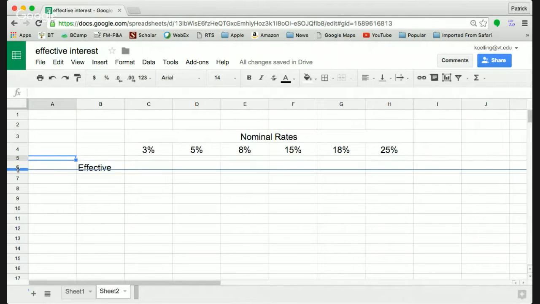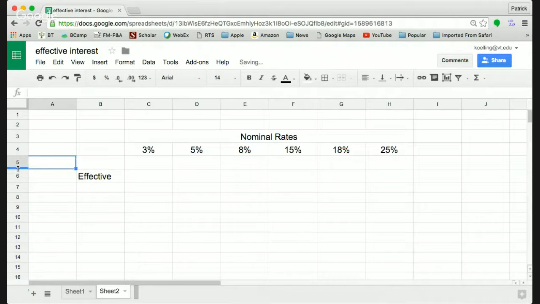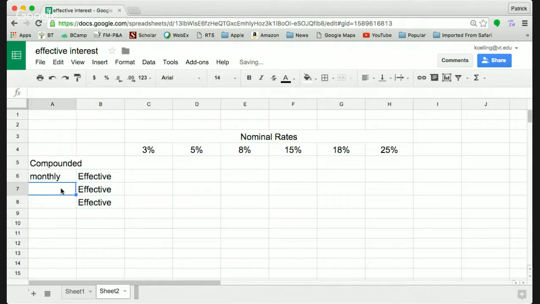Compounded, how often will it be compounded? Well, let's compound monthly, and then let's compound quarterly, and let's compound daily. Let's find all of these.